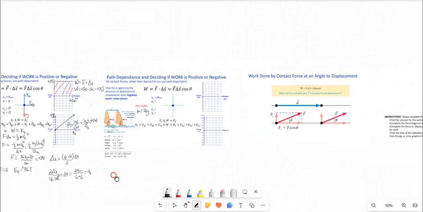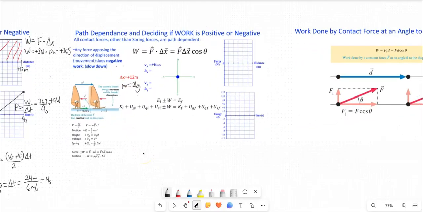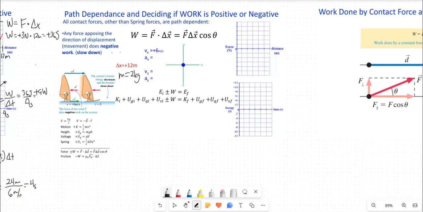We did call it 2 kilograms. Okay, so we're going to do this again. But in this case, the person's moving to the right and the wind is pushing them to the left. And then they eventually come to a stop. Okay, and so we'll see what I mean by this.